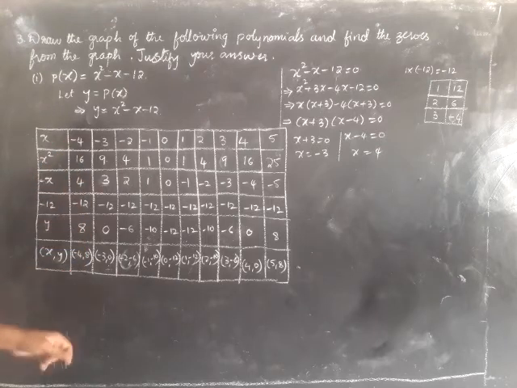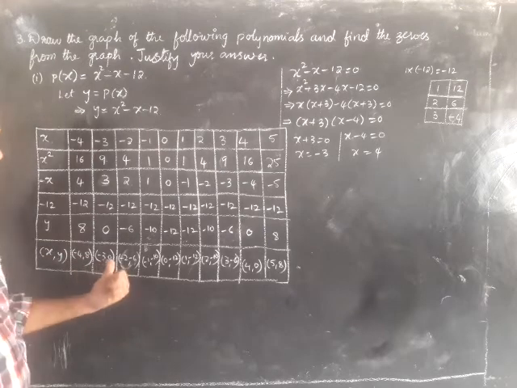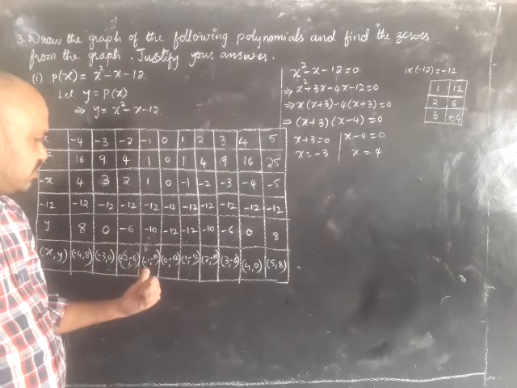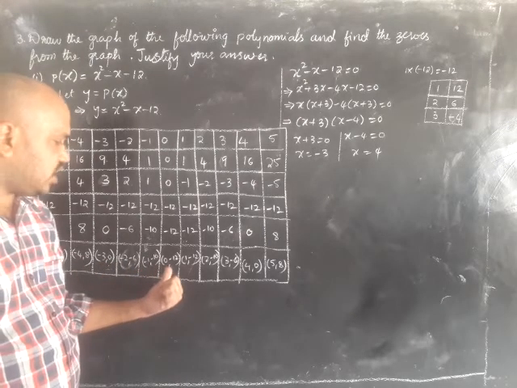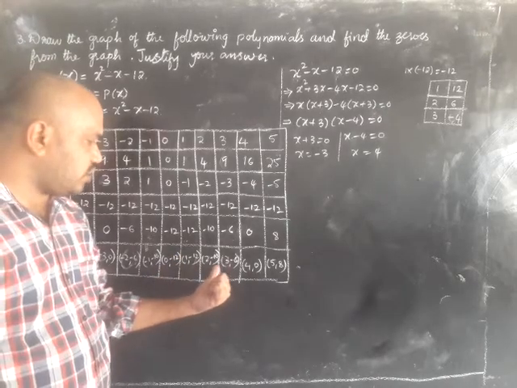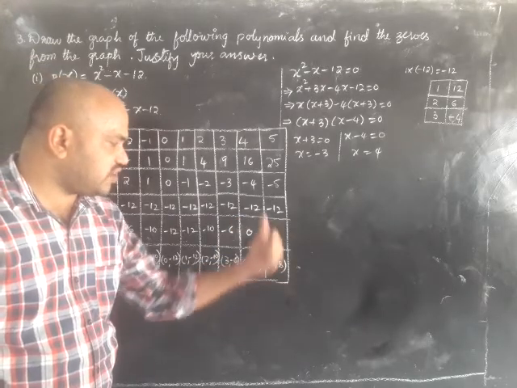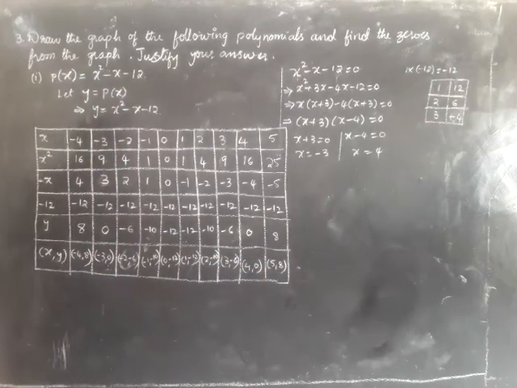Minus 4 comma 8. We got the points as minus 4 comma 8, minus 3 comma 0, minus 2 comma minus 6, minus 1 comma minus 10, 0 comma minus 12, 1 comma minus 12, 2 comma minus 10, 3 comma minus 6, 4 comma 0 and 5 comma 8.